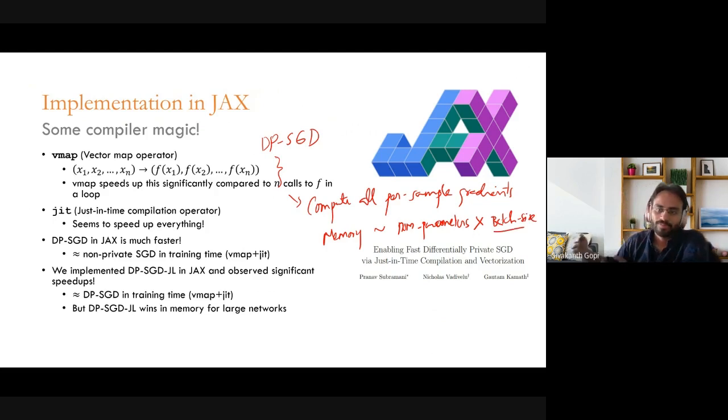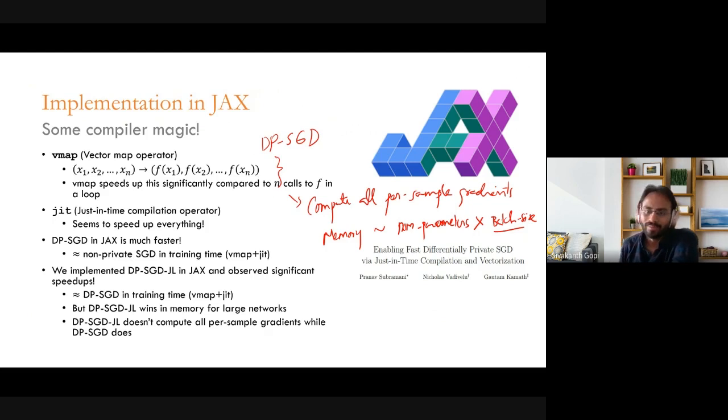If your batch size is 256, and your model is barely fitting in memory, you can't afford to compute all the gradients. So for large networks, this is not really feasible. But the JL never actually computes all the per sample gradients. It only computes estimates for the gradient norms. So it still wins in terms of memory, and memory is important for training neural networks. But I think more experimentation is needed in this space with JAX and such.